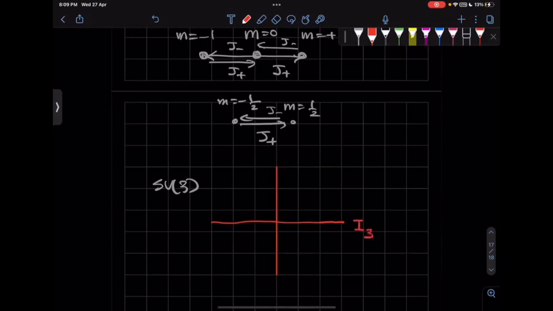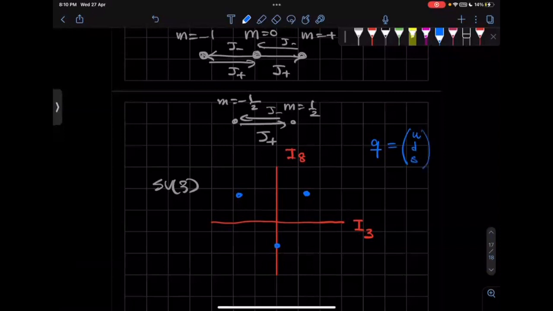I3 is the eigenvalue corresponding to lambda 3, and say I8 is that one. And then what happens is that the fundamental representation of SU3 has 3 states, which we can write as Q equals U, D, S: U for up, D for down, S for strange.